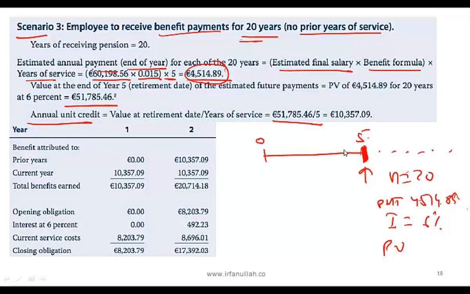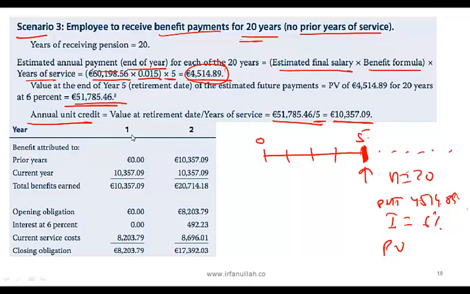So in simple terms, every year he is earning this number divided by 5, which is 10,357. Why is this number so much bigger than the 900 number before? It's so much bigger because in this pension plan, the employee is receiving money every year for 20 years. So that's why obviously the present value is much larger.